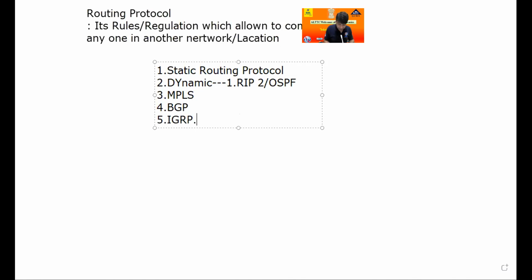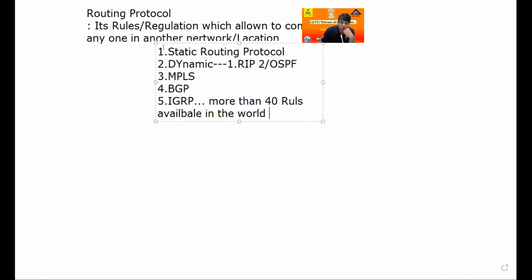You can say more than 40 protocols are available in the world, but here I write the five most popular in the world. Even India uses all of these. In today's session we go for the static routing protocol, and tomorrow we go for RIP.